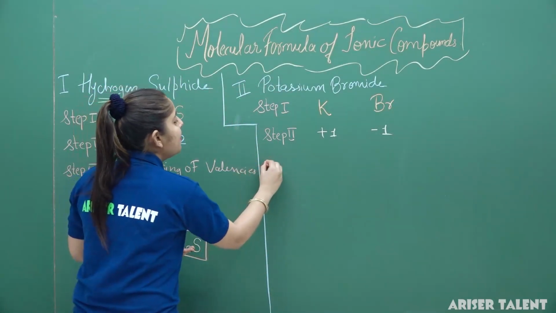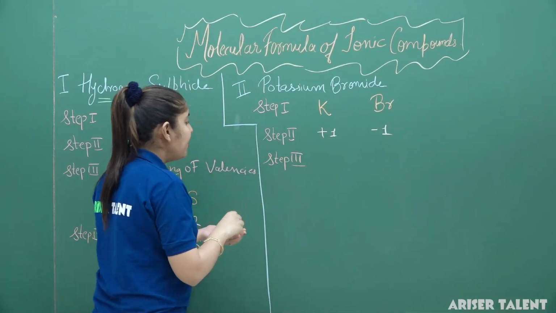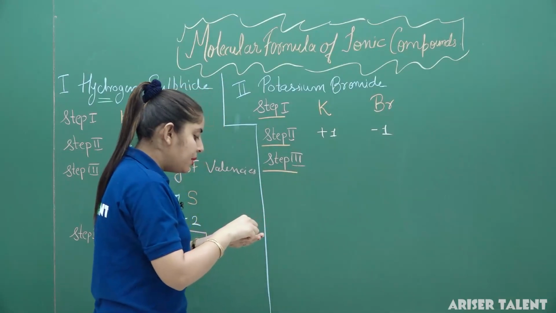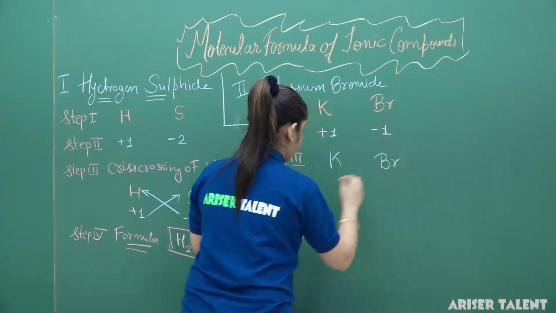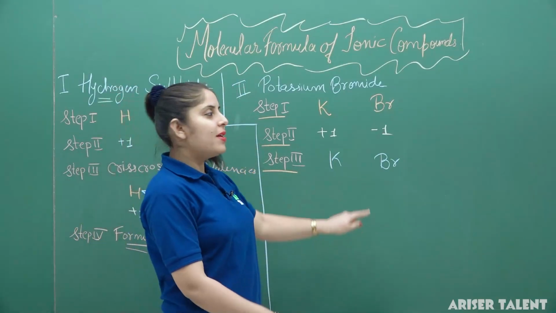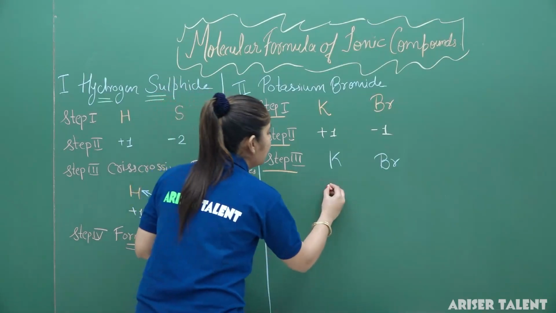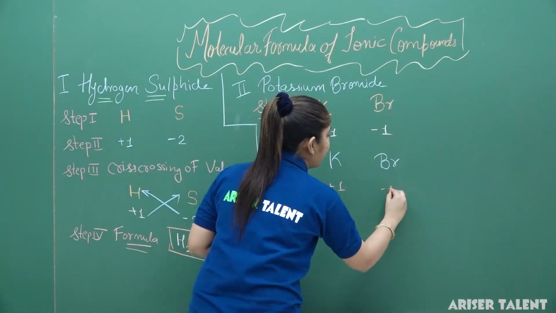In step number 3, we will crisscross these valencies. So for K we have +1 and for bromine it is -1.